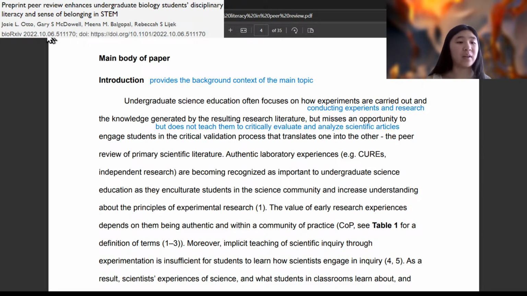So primary scientific literature is based on the idea of a primary source, which is like first-hand experience. So primary scientific literature would mean an article that's directly reporting on the experiment itself. It's not like a secondhand article you might find in more commonly known magazines like National Geographic.